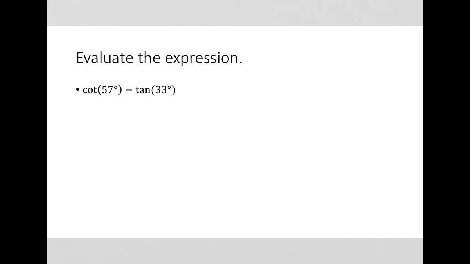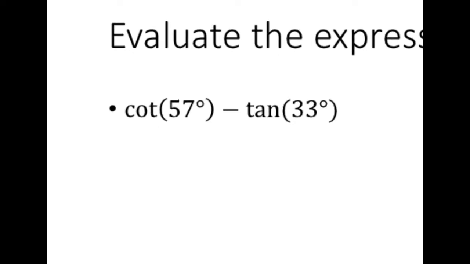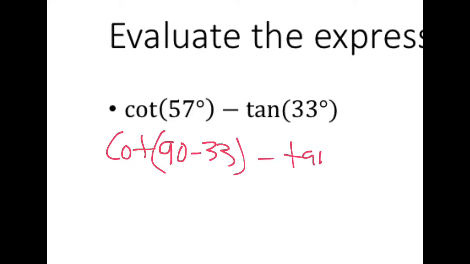How do we use this? Well, look at what we have. We have a cotangent function and a tangent function. And notice we have 57 degrees and we have 33 degrees. Well, think about this. Cotan of 57 is the same as cotan of 90 minus 33. And then we have our minus tan of 33.